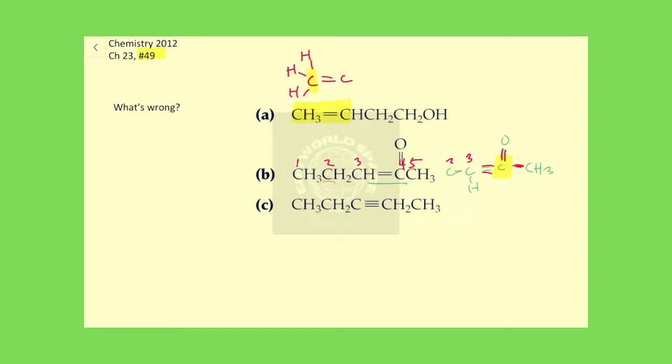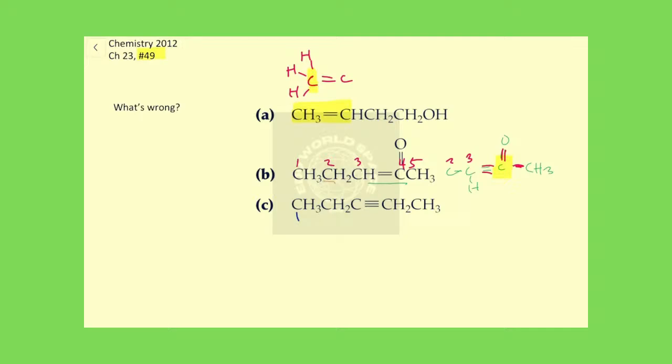Okay, so part C. I'm actually gonna start counting our carbons here, so we could talk about it easily. So 1, 2, 3, 4, 5. Okay, so carbon 1 here, right? Carbon 1 is CH3 bonded to a carbon.